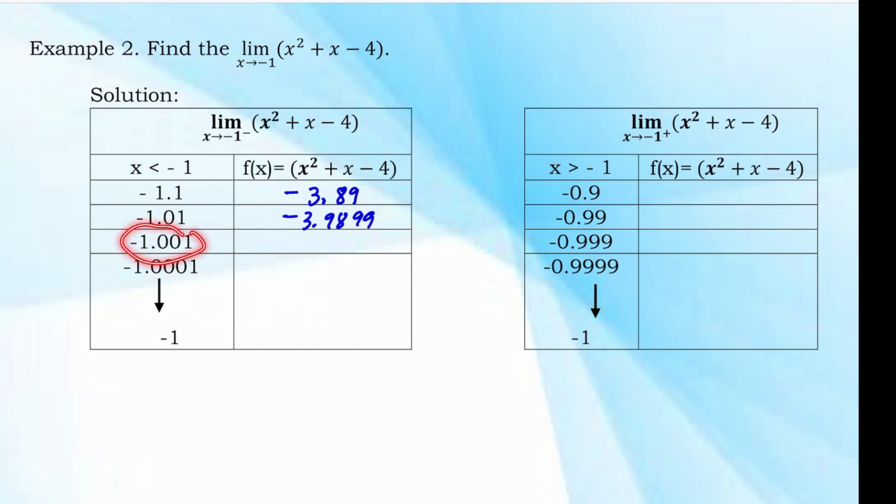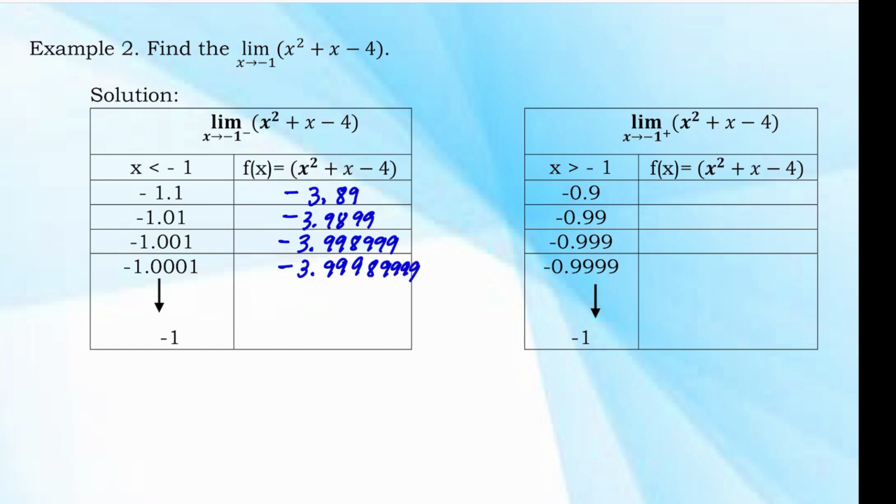If we use negative 1.001, it will become negative 3.998999. Using negative 1.0001, that will become negative 3.9998999.